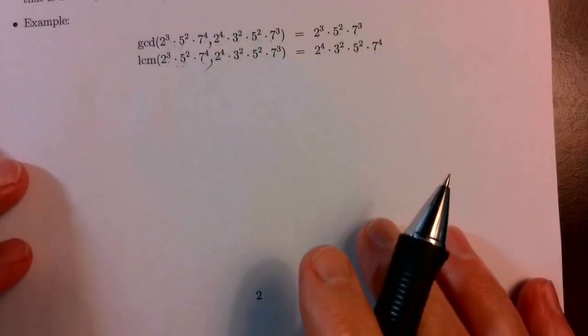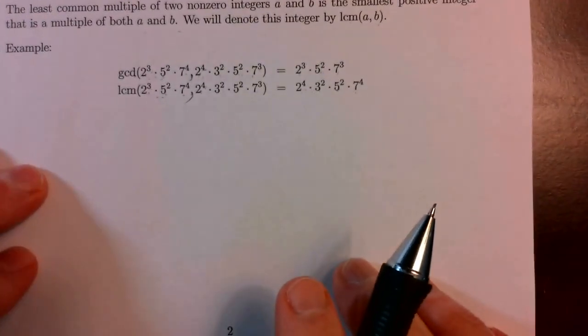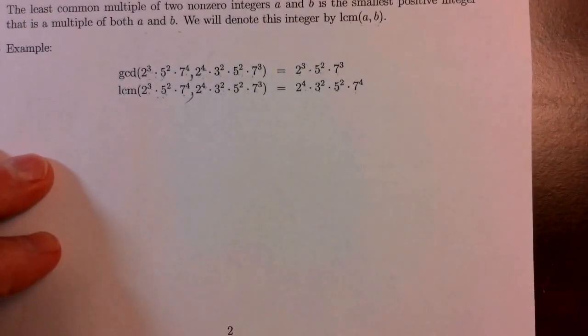This rule applies if we want to find the GCD and the LCM of not just 2 but 3 numbers or more.